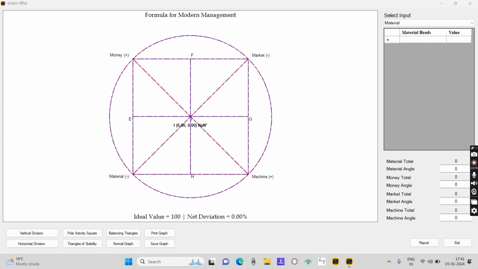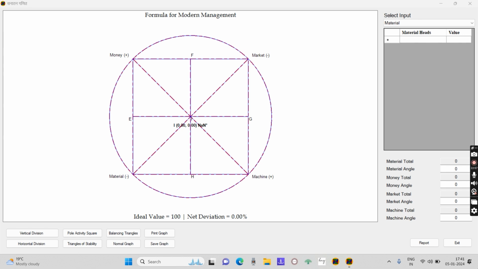From next session, we will start formulating different scenarios out of the changing pattern of the graph presented before you, and what kind of messages they carry. Because it is mathematics, mathematics can only give you results.